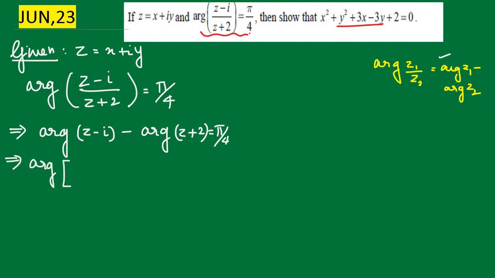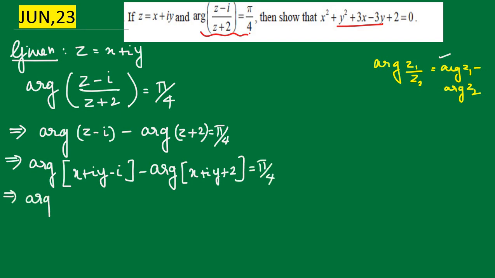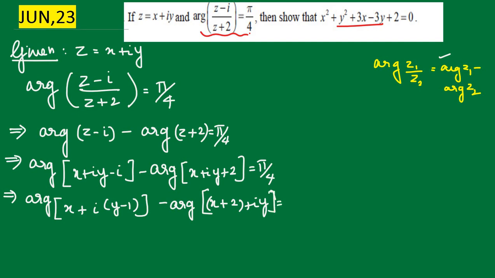We get argument of x plus iy minus i minus argument of x plus iy plus 2 is equal to pi by 4. Now separate the real and imaginary parts. We get argument of x plus i times (y minus 1) minus argument of the real part x plus 2 plus iy is equal to pi by 4.